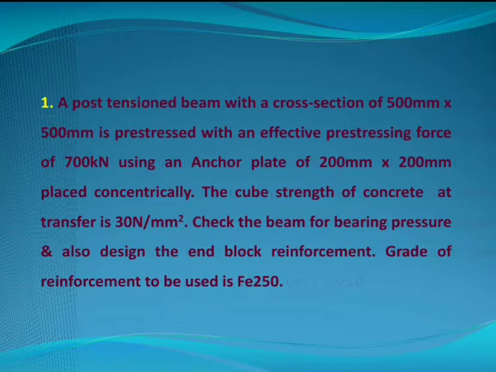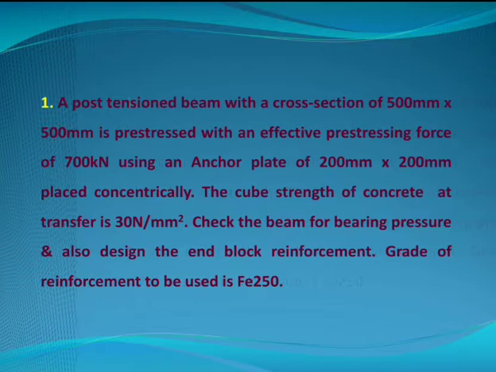So now in this example we have a beam of cross section 500 by 500. The applied prestressing force is 700 kilonewton, whereas the size of the anchor plate given is 200 by 200. The most important thing to be noted here is that the anchor plate is placed concentrically, meaning the center of the anchor plate exactly matches with the center of the beam.